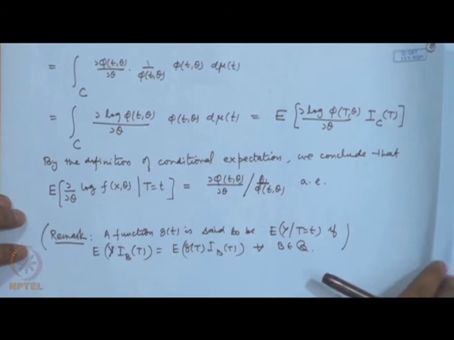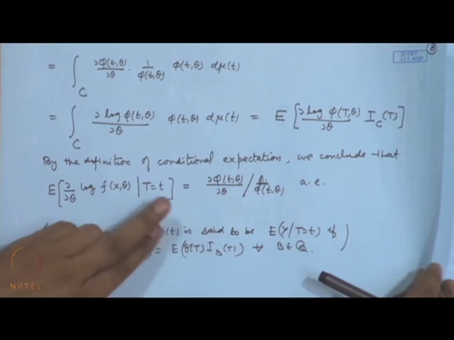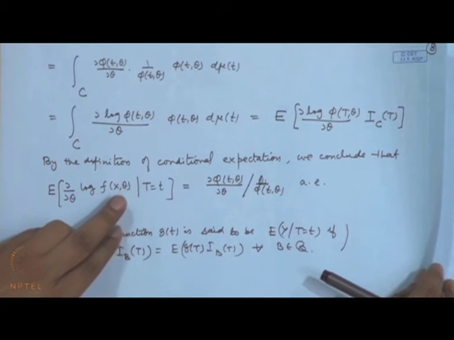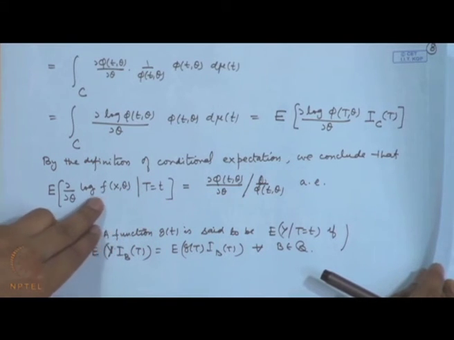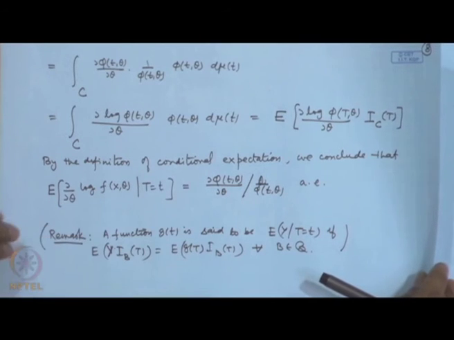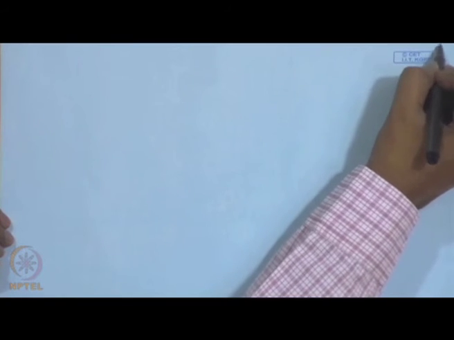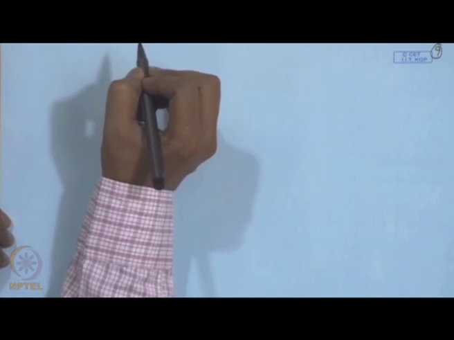What we have done is establish a relationship between the log likelihood, or you can say the information content term, in the density of the sufficient statistic and the original variable. Let us look at the proof of the second part.